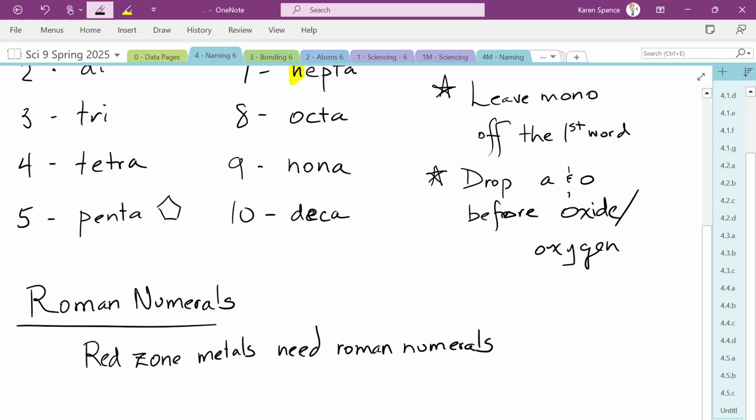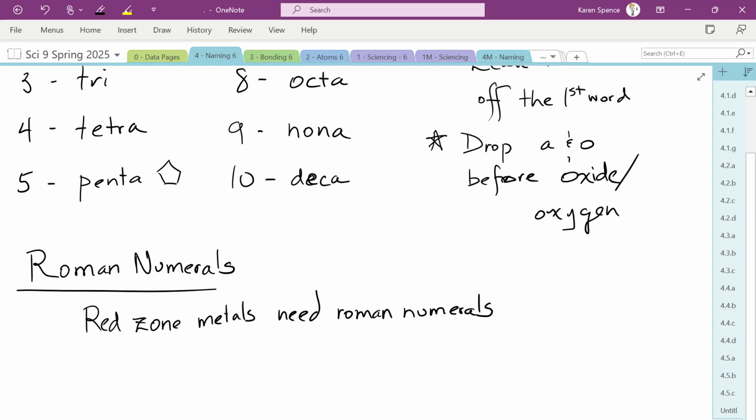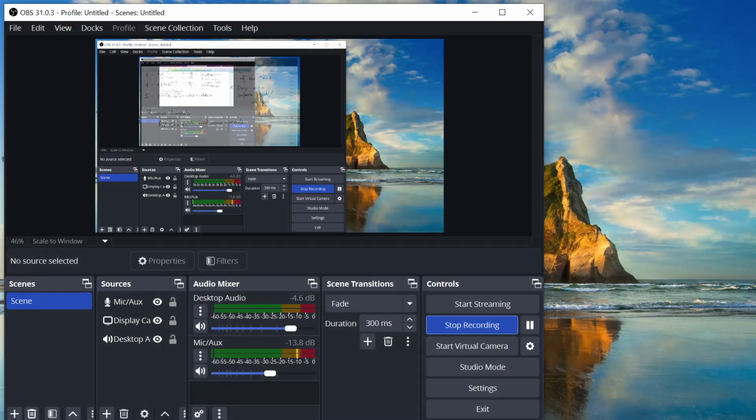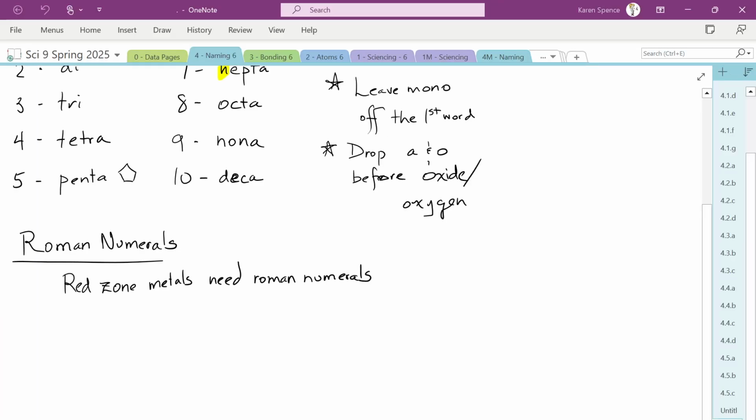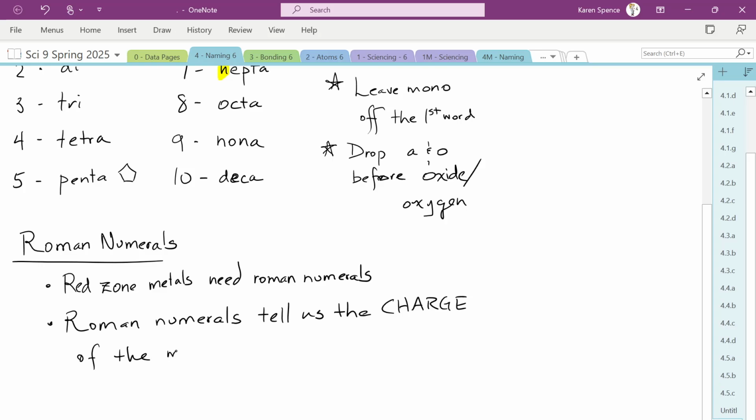So red zone metals need Roman numerals. What do Roman numerals tell us? They tell us the charge of the metal.